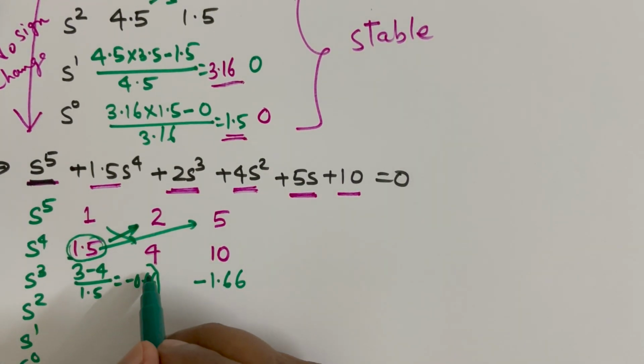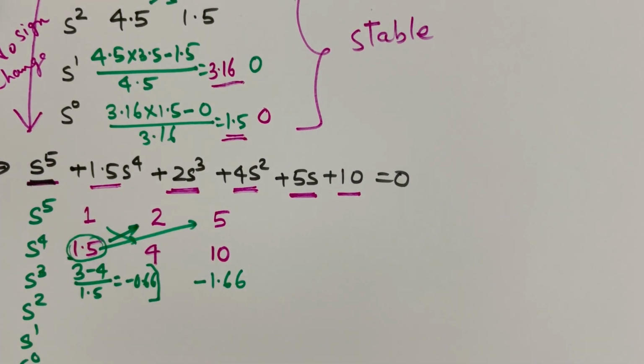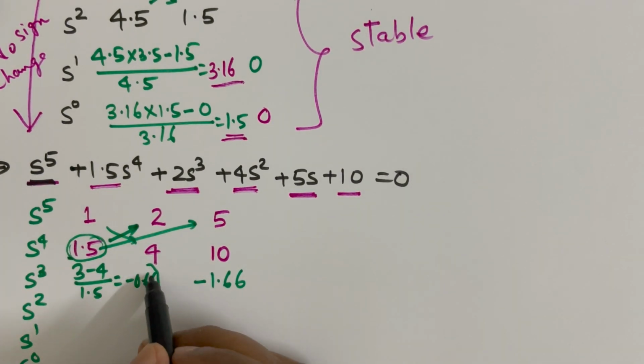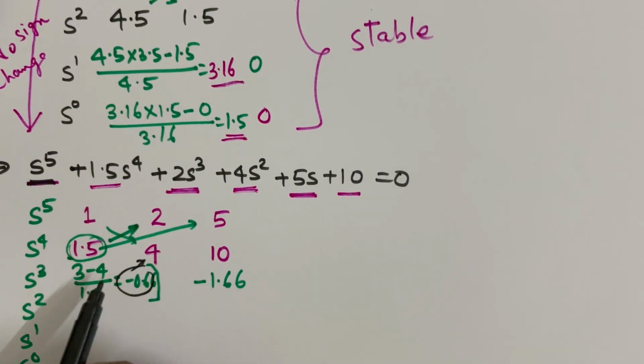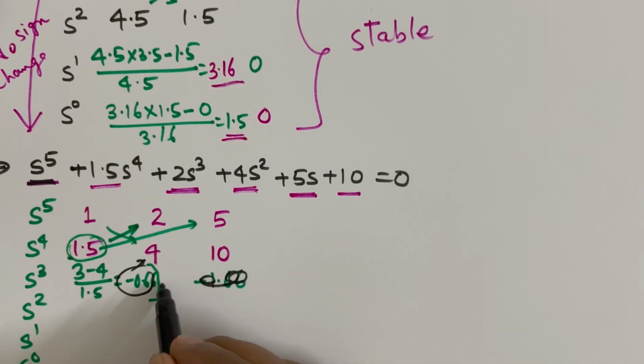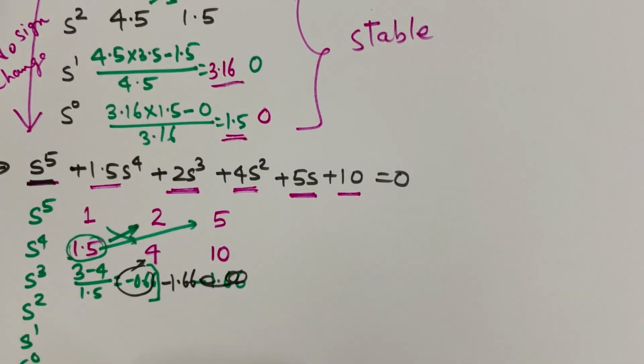Now we will take this minus 0.66 and will multiply with 4, because this is my next number. So here, rather than writing here, we should write minus 1.66 here. So 0.66 into 4 and 1.5, 1.66.